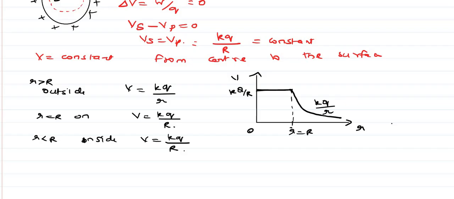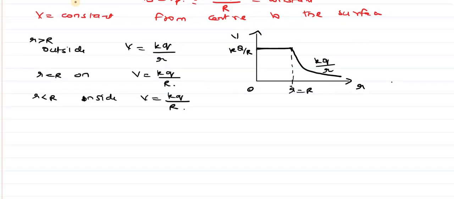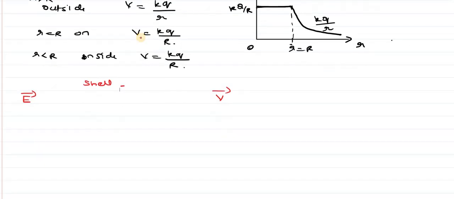Now I will compare electric field and electric potential. We have just seen this, just to recollect. When I talk about electric field due to a shell and the potential, you know that outside, that is r is greater than R, what is the value of E? It is kq by r square, correct? But here what is V?